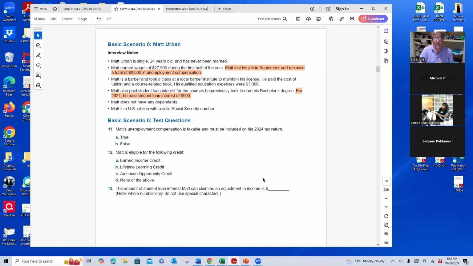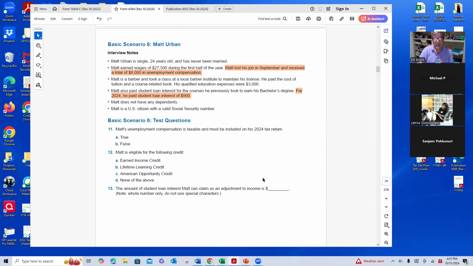Then he lost his job and received a total of $8,000 in unemployment. He also pays student loan interest for the courses he previously took to earn his bachelor's degree. So he's done, he's got a degree. He paid $900 of student loan interest. So the test question is, is Matt's unemployment compensation taxable? It must be included on his 2024 tax return.